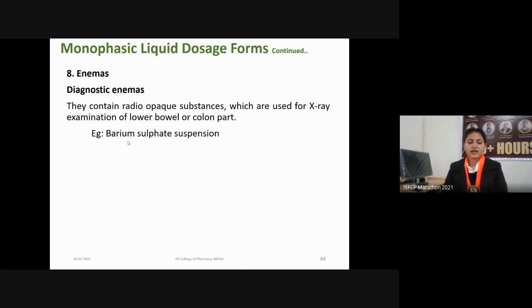The third category of enemas is diagnostic enemas. They contain radio-opaque substances which are used for X-ray examination of the lower bowel or colon. An example is barium sulfate suspension.